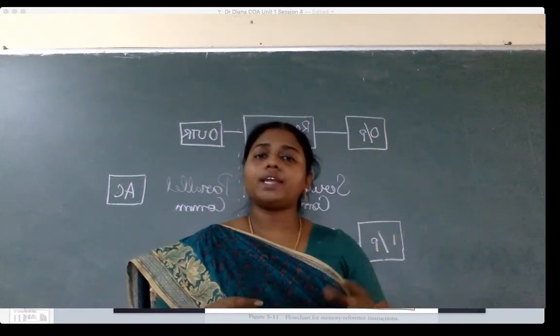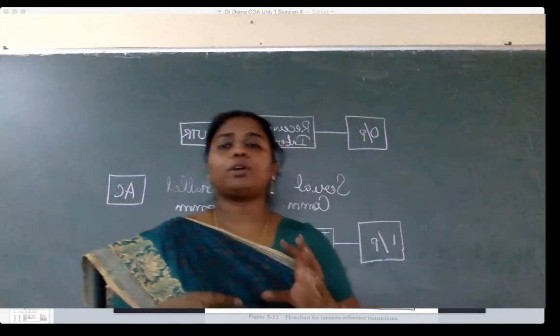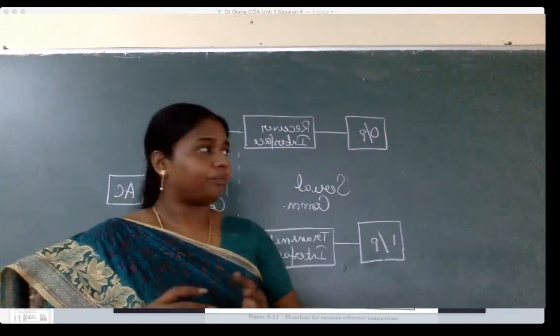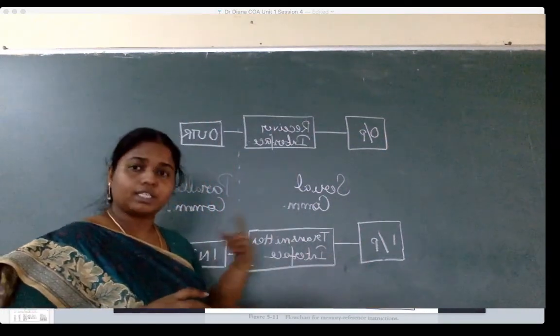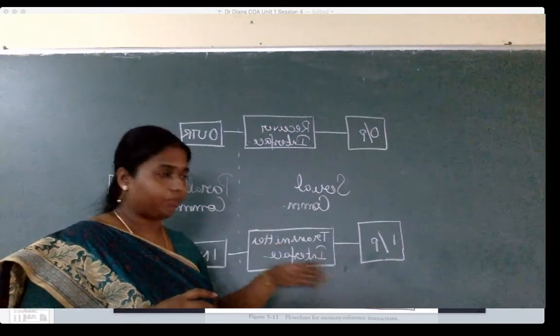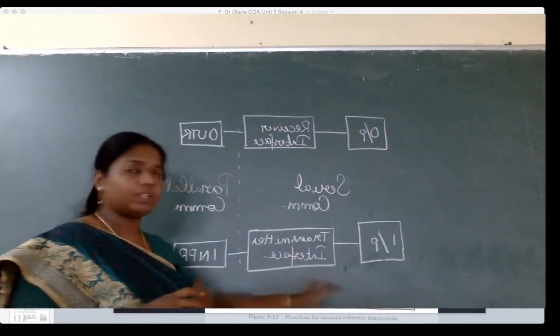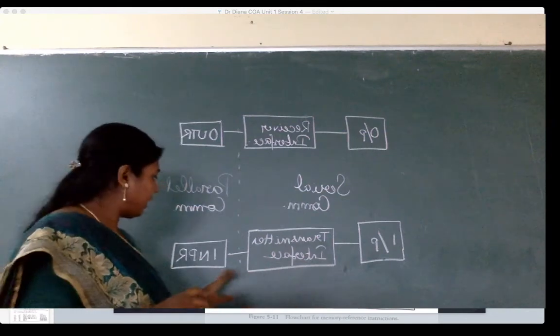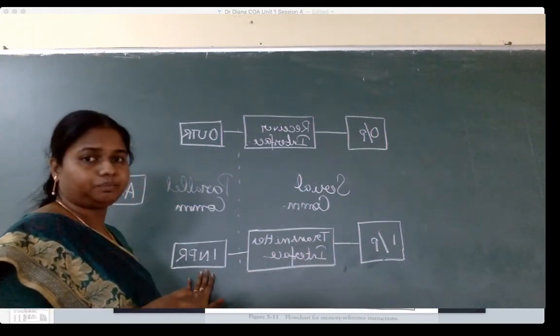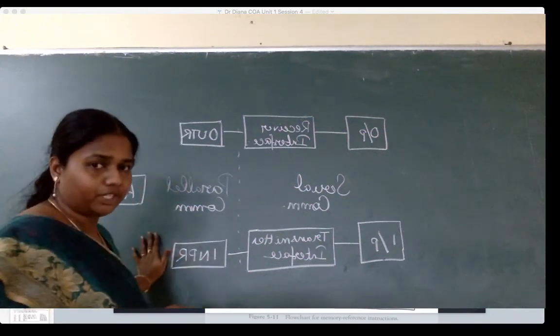So to avoid that, what the input and the output unit do is, once the instruction starts executing, it starts receiving the data bit by bit and puts it inside the input register.